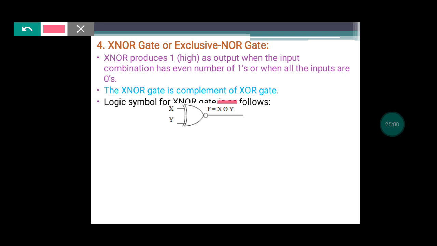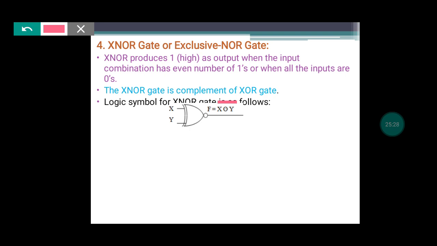Or when all the inputs are 0. Either all the inputs have to be 0, or the number of ones in the input combination should be even. Then only the output signal will be high. If we have an odd number of ones in the input signals, then we are not going to get output as 1. That time we are going to get output as low for an odd number of ones.